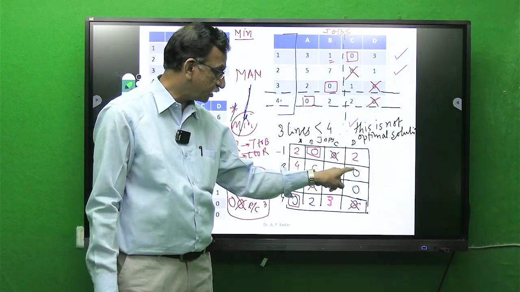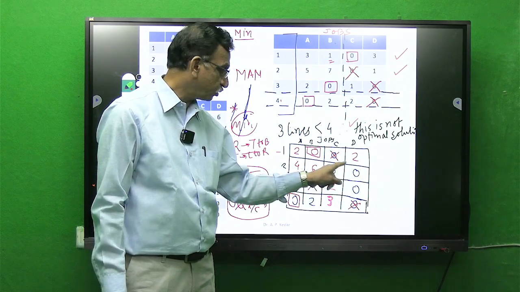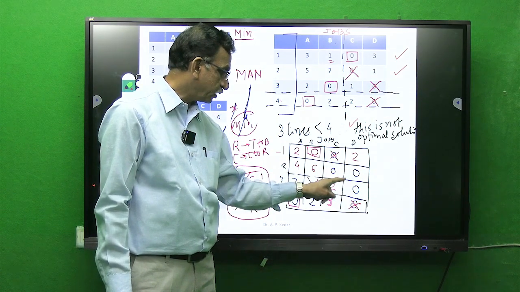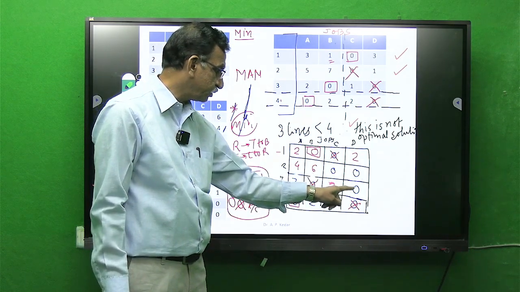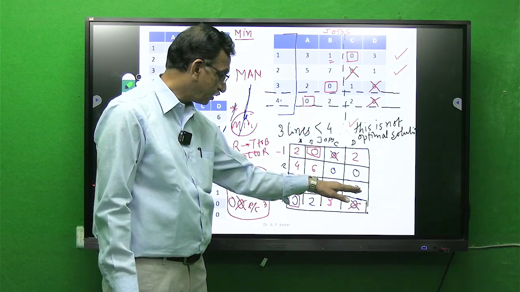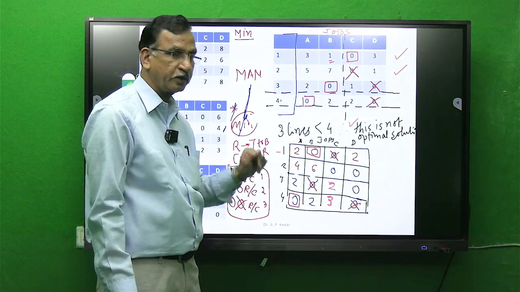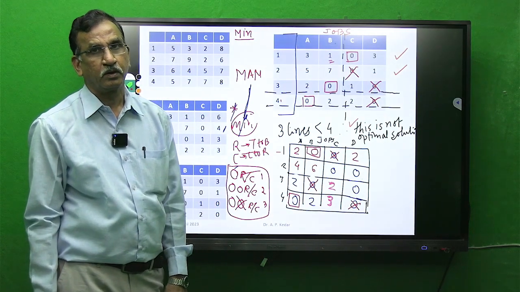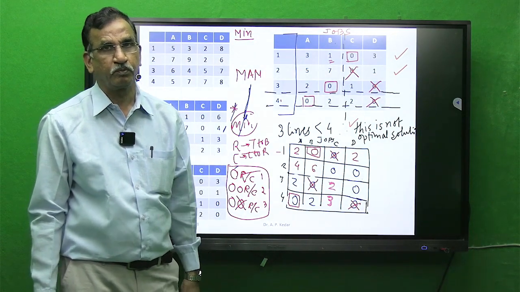If by mistake you assign in this particular cell, you have to cross this zero as well as this zero. And if you do this, you won't have assignment for this man 3, and the problem will go in a loop, in a dangling way.